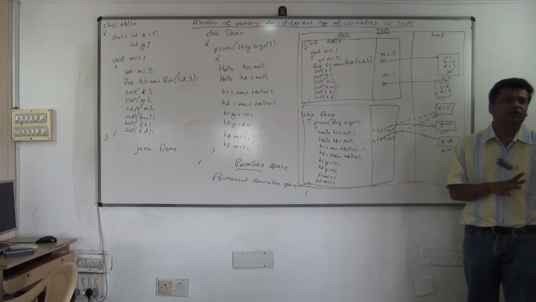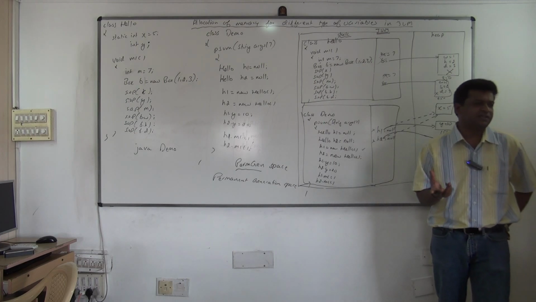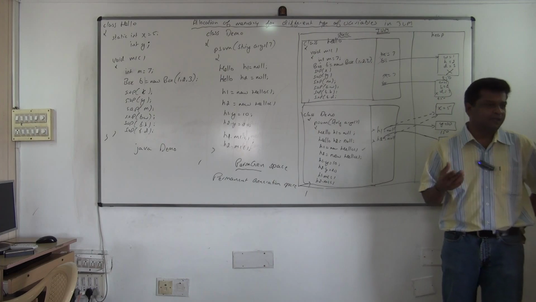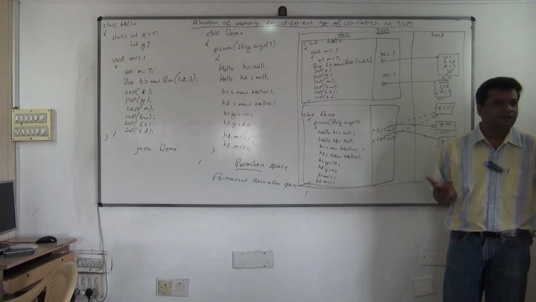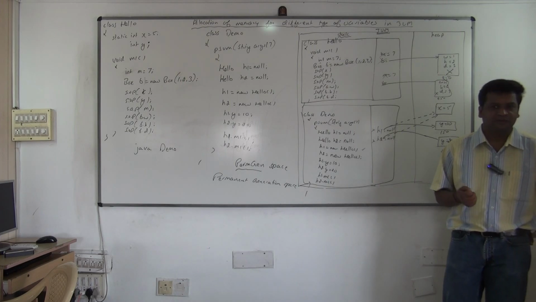Reference variables are always 8 bytes. It is default. Let it be a reference variable of anything. Reference variables contain only reference values. Understand that. Test T, Box B, Hello H, they all contain reference values. It's standard. For any reference variable, even an array reference variable, 8 bytes of memory is allocated because they hold the reference value.